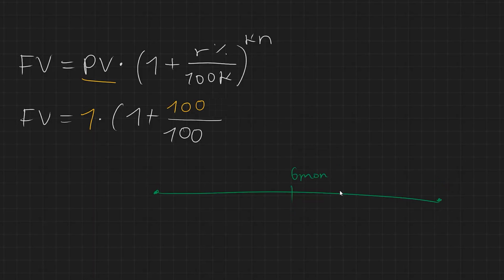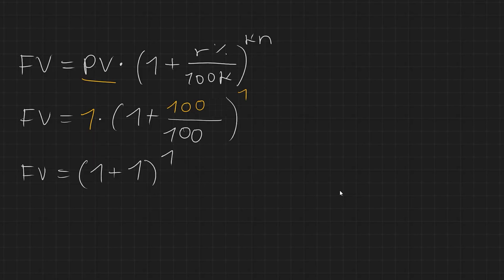So what we can do is actually set the value k to 1 for now, which means that we basically don't have anything in this area here. And we raise it to, once again, we don't have anything in this area again, so we can just say it's n. But n, we could say, is 1 year. Now simplifying this formula gives us the future value should be equal to 1 plus 1 to the power of 1.